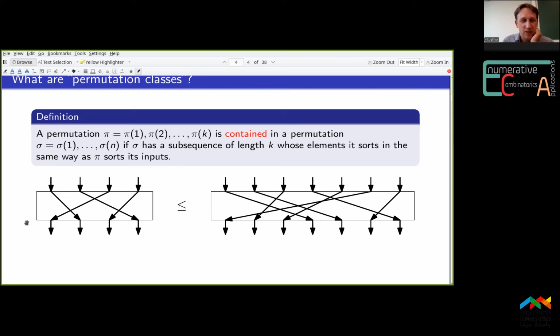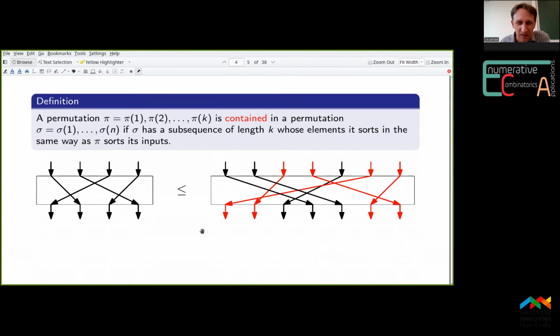So here, the picture shows a permutation of length 4, which is contained inside this permutation of length 7, as witnessed by these 4 elements which are sorted in the same relative order as in this particular permutation.